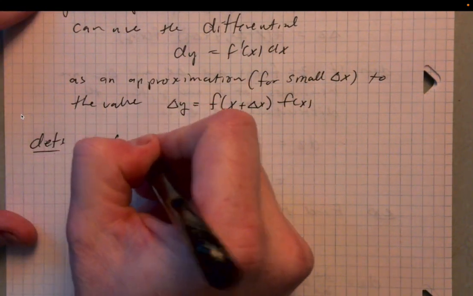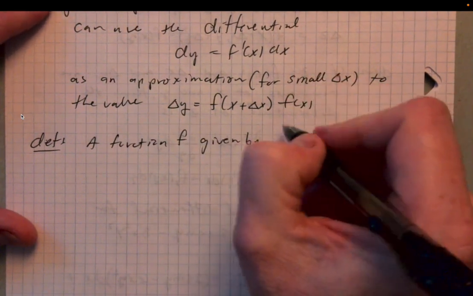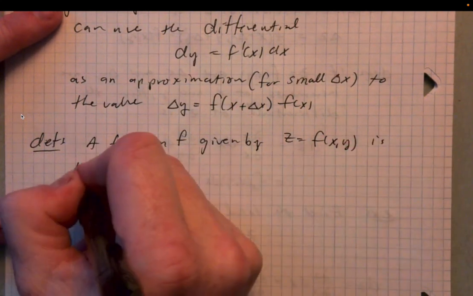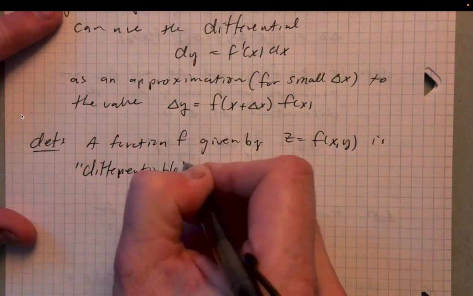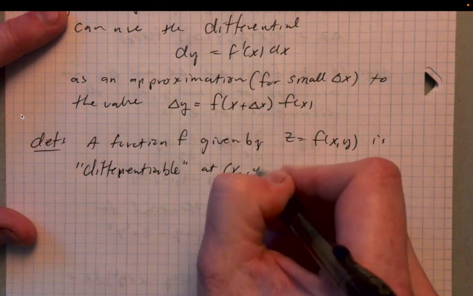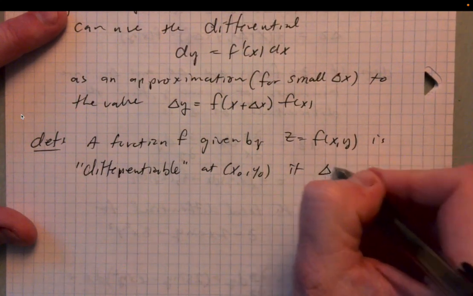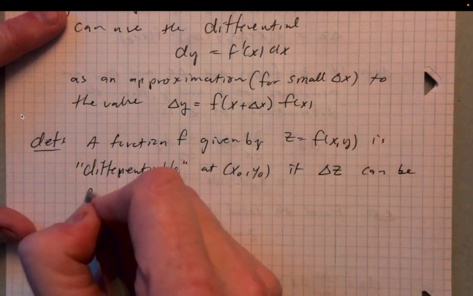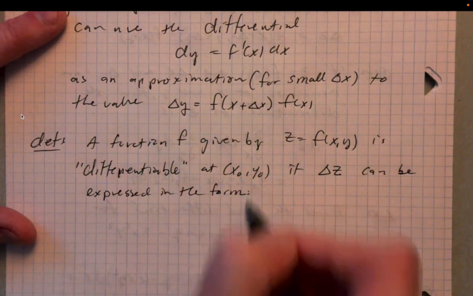A function f given by z equals f of x, y is differentiable at some point x naught, y naught if delta z can be expressed in the form, right? So here's the form.